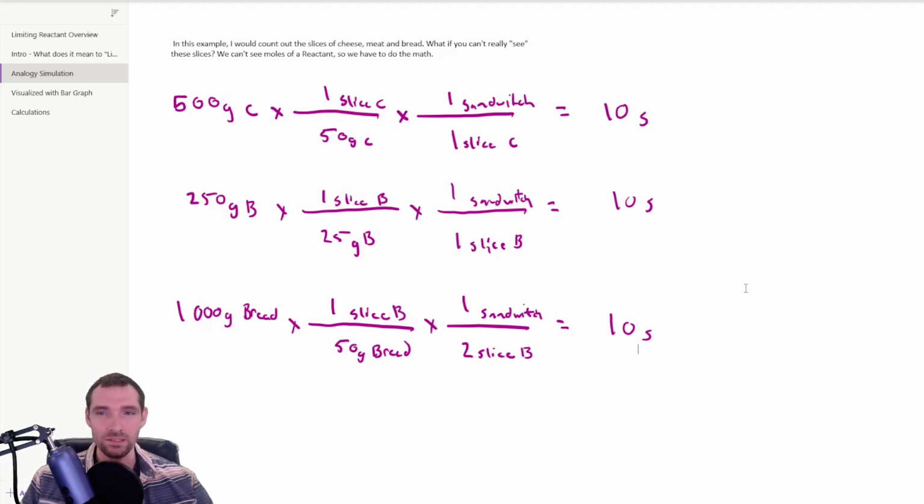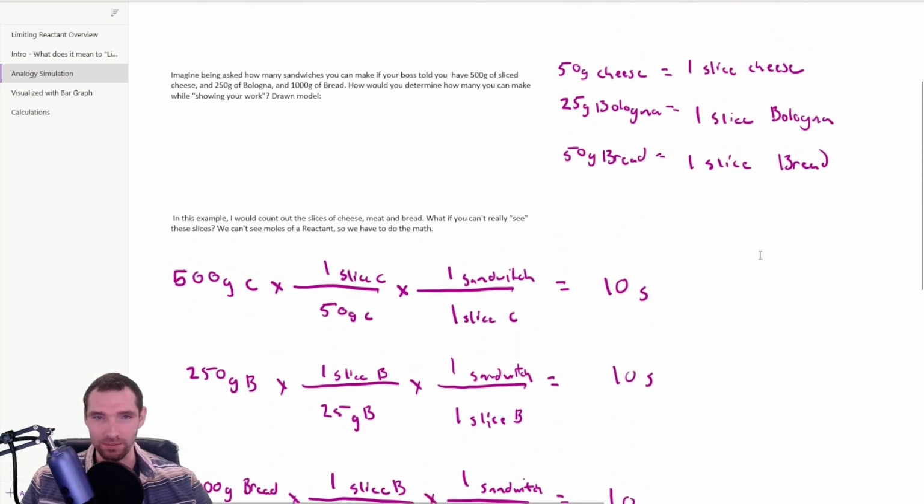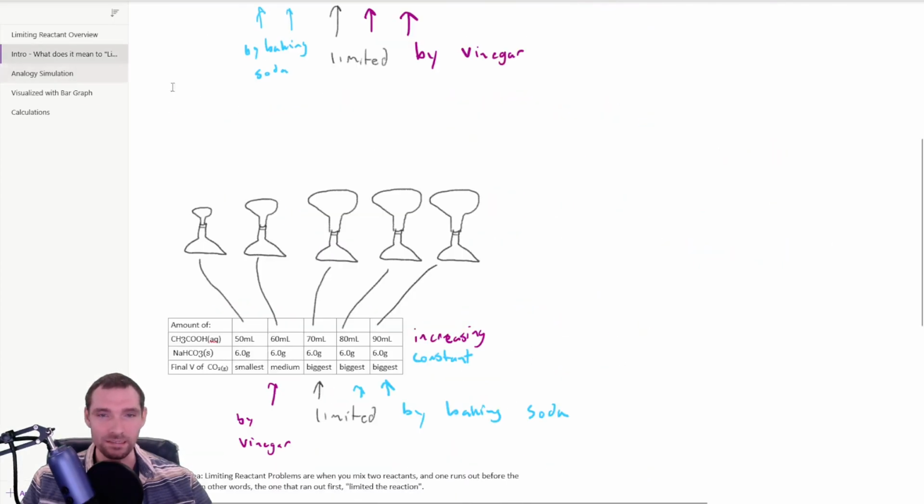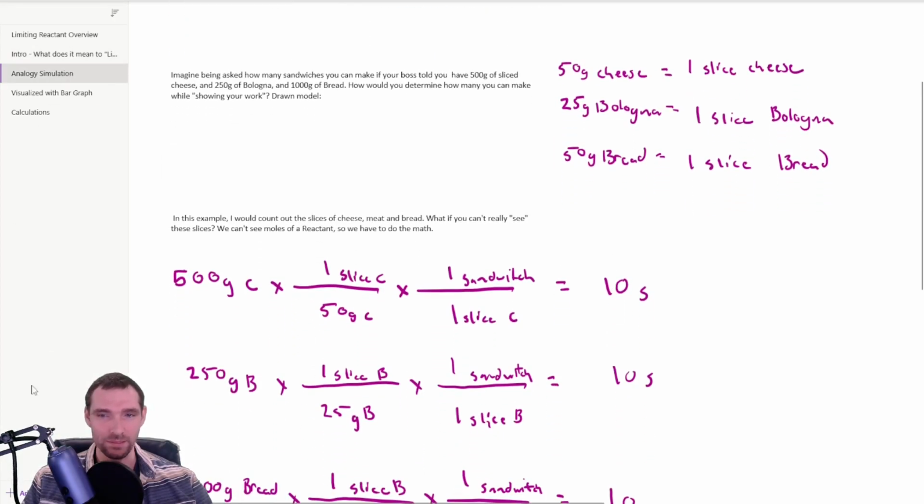But in this situation, there wasn't really a limiting reactant with the amount of masses that we had. This is kind of analogous to when we had exactly the right amount of baking soda and vinegar, when they were perfectly reacting and making as much product as both of them could make. That's kind of like what happened here.